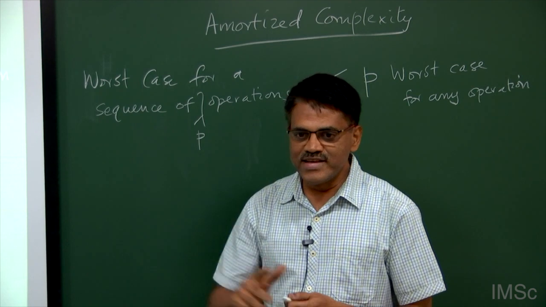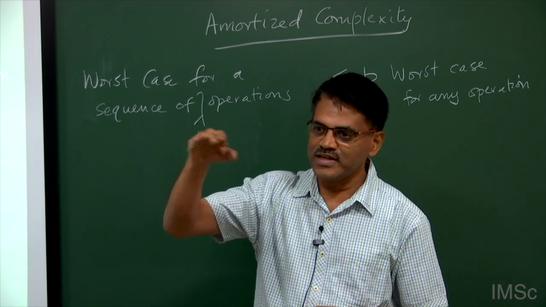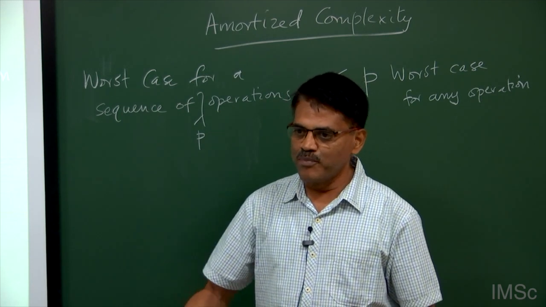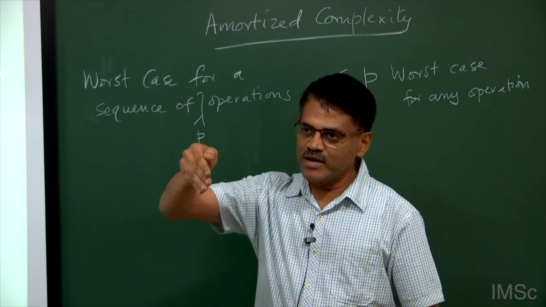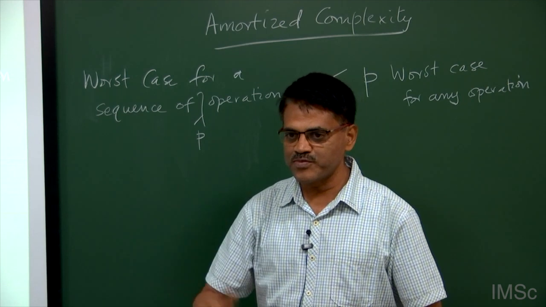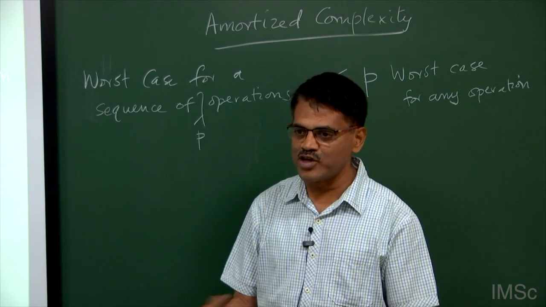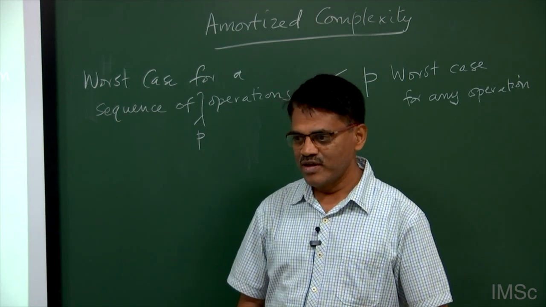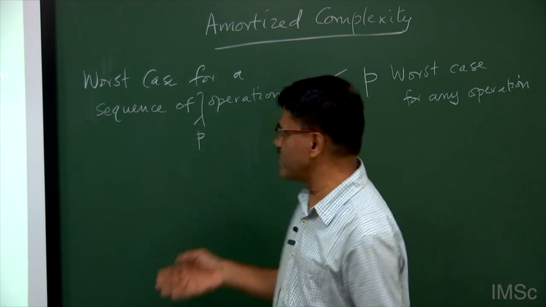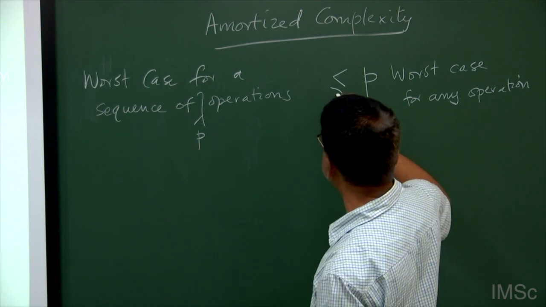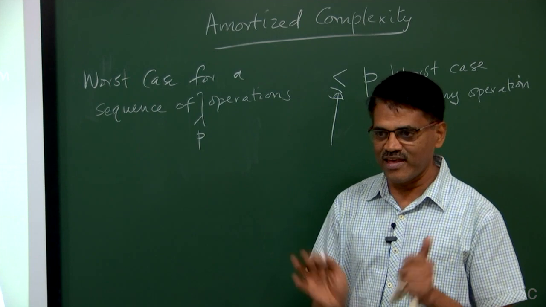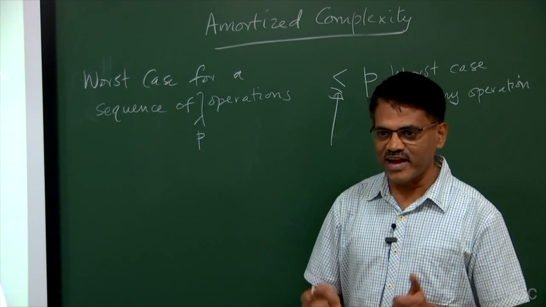Because the reason you spend 3,000 is to amortize your cost. Instead of paying every day, you paid it once, right? So that made your rent for subsequent days 0. Because you paid it once, subsequent days rent is 0, right? So as long as I put this less than or equal to, I am not wrong. Because I say it's at most 90,000, yes, it's correct, but it is not a tight estimate.